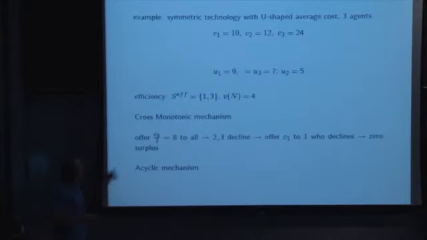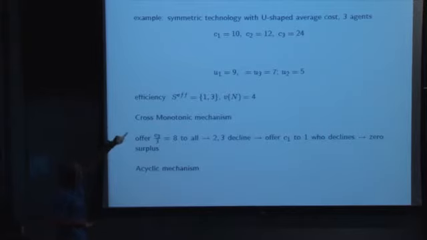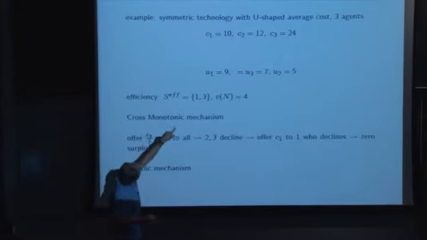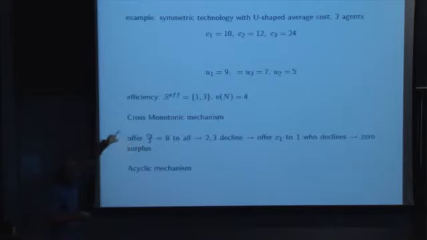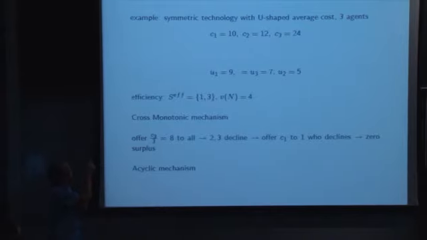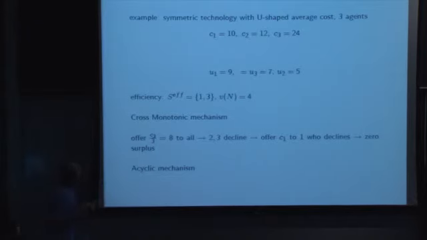So let me just finish with this example where you have 3 agents, cost 10, 12, and 24. These are the marginal cost of my function, right? So it's a U-shaped average cost, and you can see that the average cost is first 10, then 11, and then it goes up.